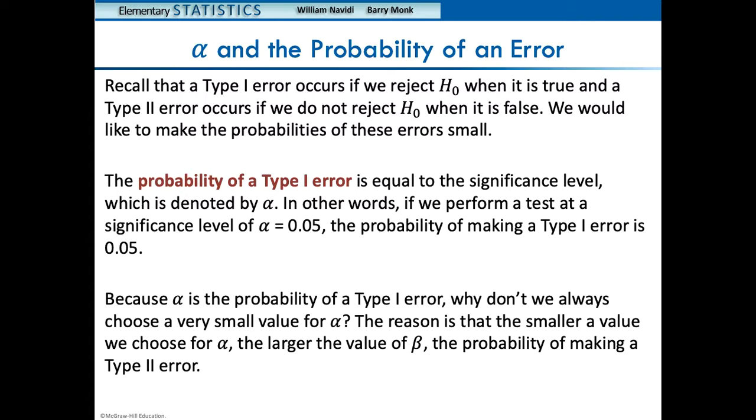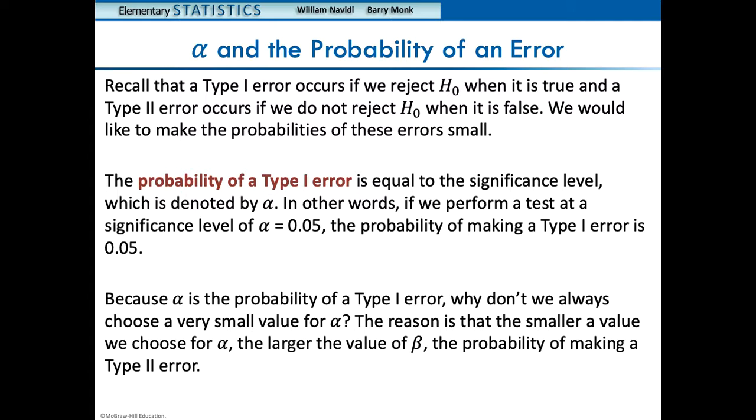Turns out that the probability of a type 1 error is actually equal to the significance level, denoted by alpha, right? So, if we perform a test at a significance level of 0.05, we can interpret that as saying that the probability of making a type 1 error is 0.05.